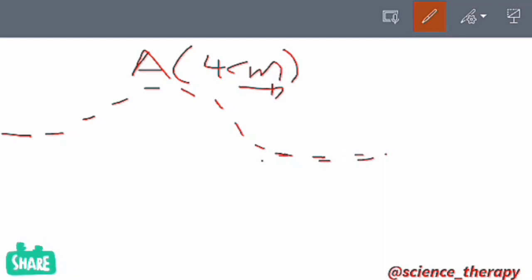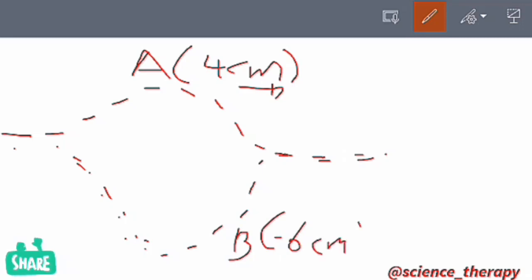Then another broken line, a bigger amplitude now, indicating the pulse B, which has an amplitude of negative 6 centimeter, and it's moving to the left.